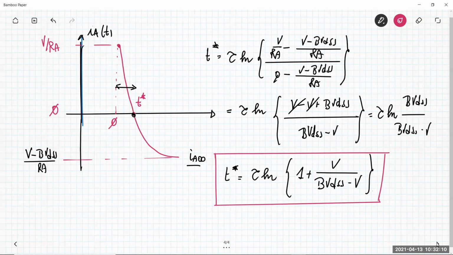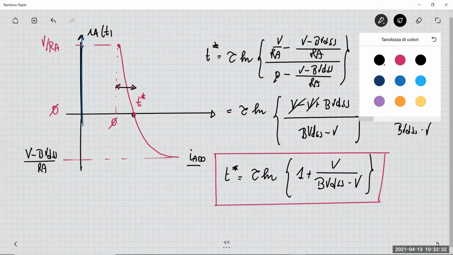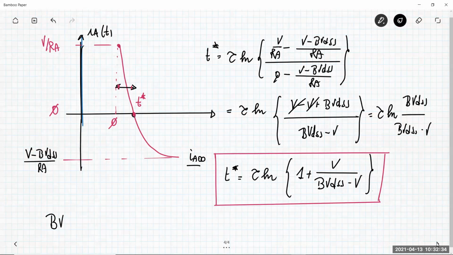So this is the time interval that is required for the current to go from the V over R value to reach 0, which is the point at which the MOSFET is fully open, an open circuit. I said before that the breakdown voltage BVDSS should be, of course, larger than V, in order to make the circuit operate correctly.